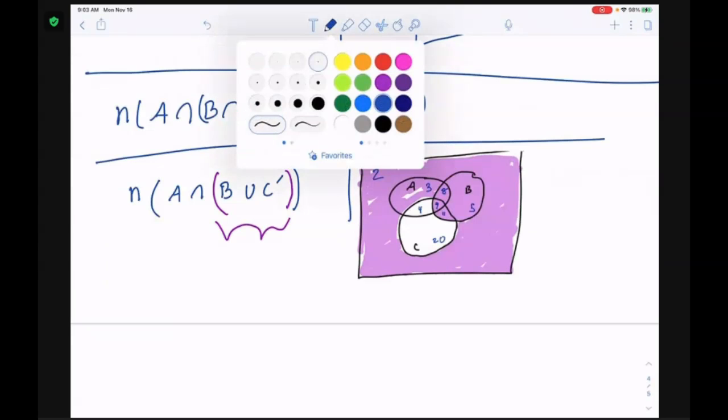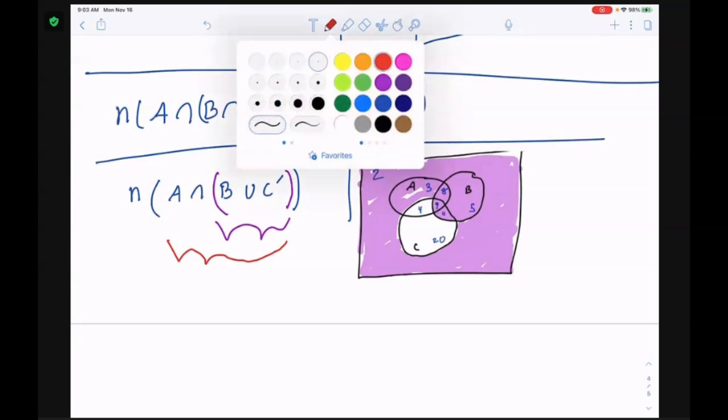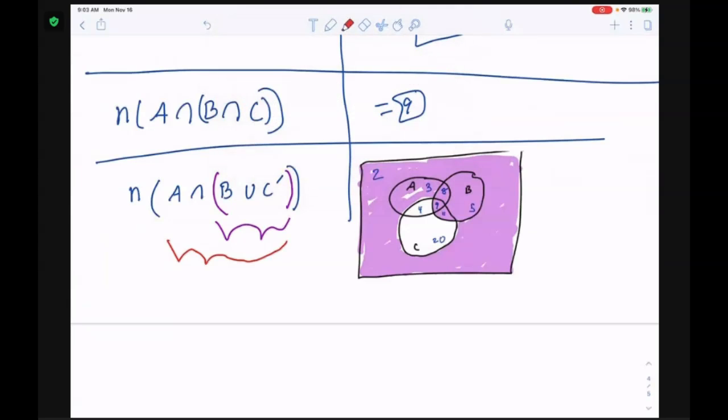And now we're going to intersect that with A. So what do we have here that is also in A? It has to be inside A. So we only are going to include what is also inside A, and inside A is this right here.